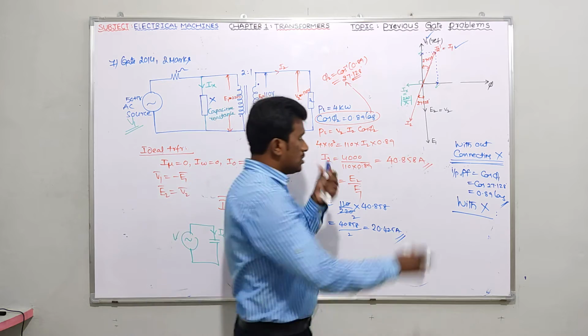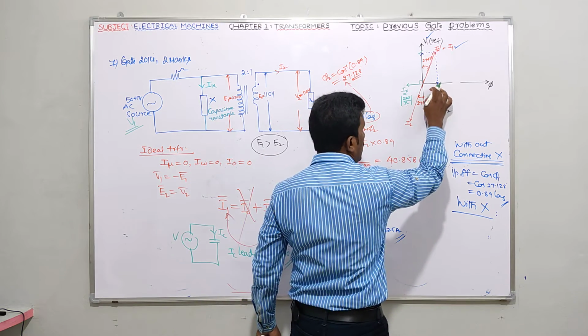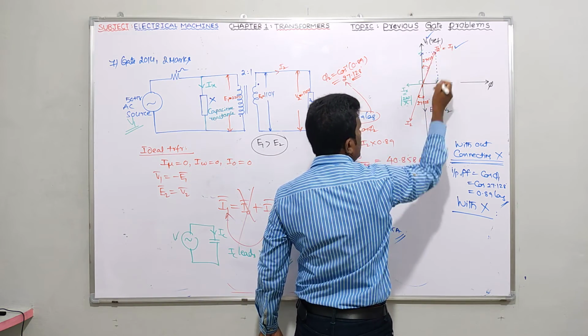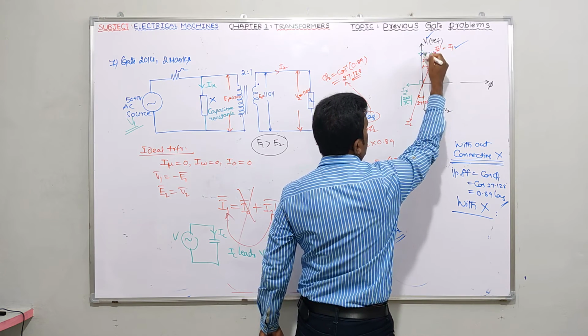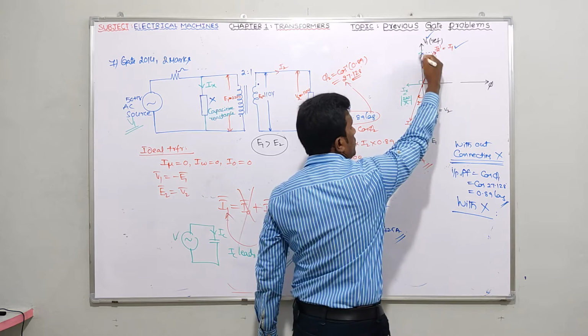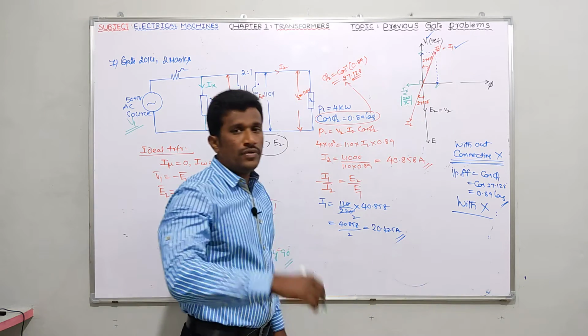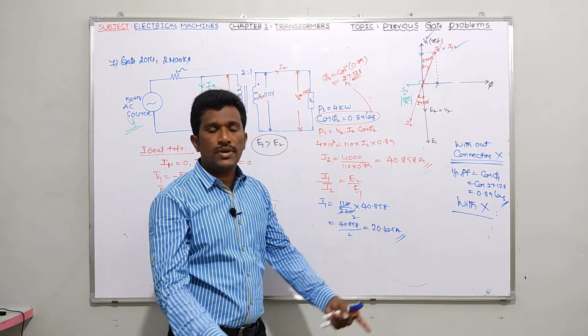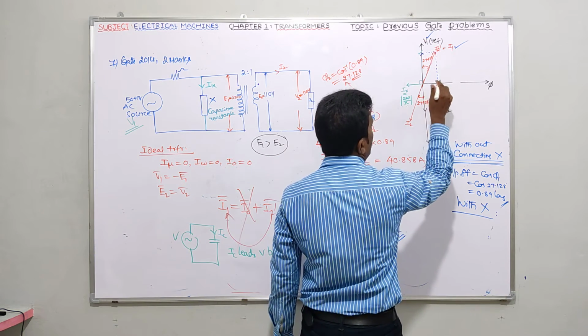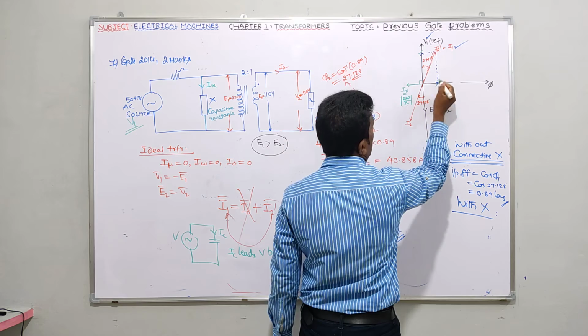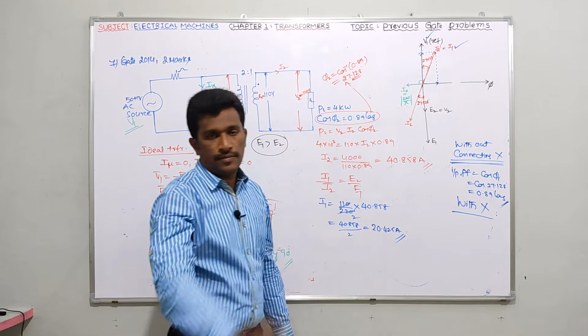Because of this horizontal component only, I1 is coming here. If the horizontal component is not there, this I1 will come in phase with your V1. Then the angle between V1 and I1 becomes 0, and cos 0 becomes 1. So here, what is our ultimate motto now? You have to cancel this horizontal component of I1.